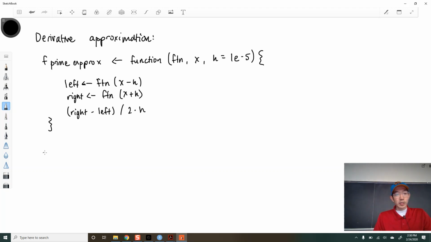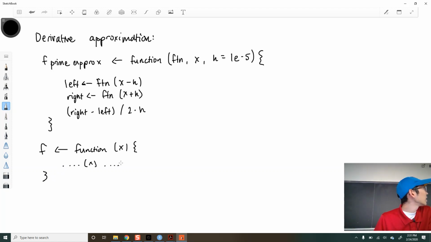So if I do this, let's say I have some function, F, that is some function of x. Just some arbitrary function, right?